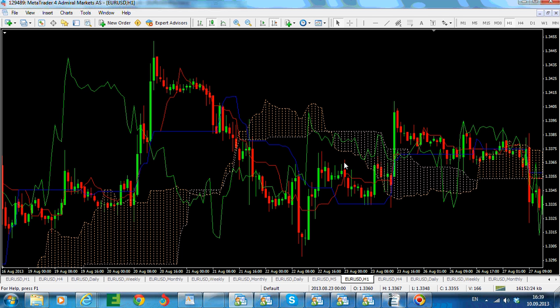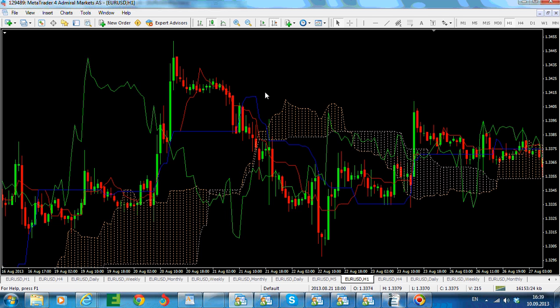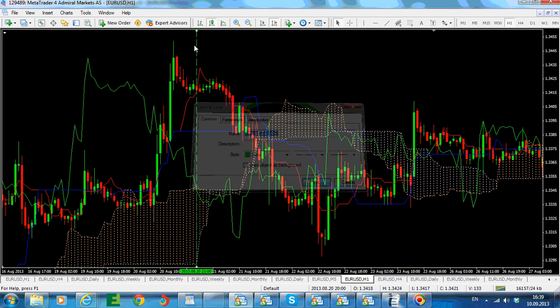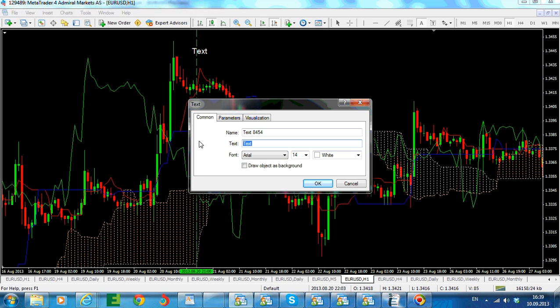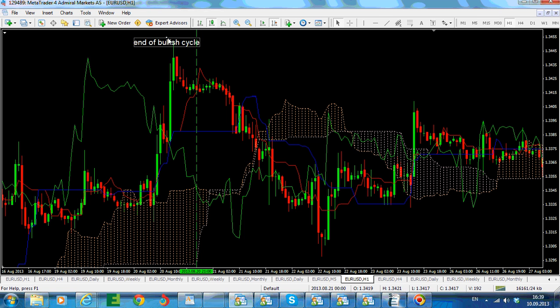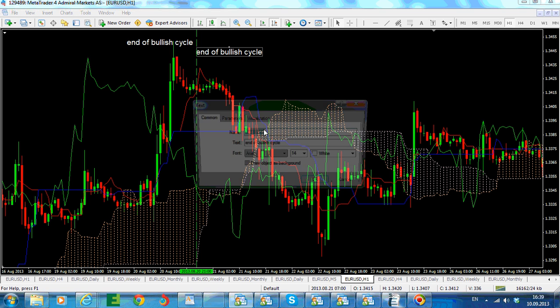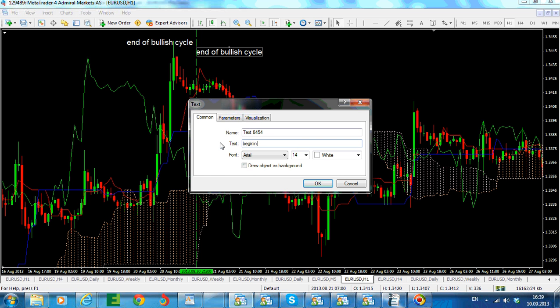We are still in the transitory cycle that begins all the way to the upside here, at this very moment when price closes below Tenkan. Let me mark this as the end of the bullish cycle. So end of bullish cycle right here, and on the right side from this very moment we are looking at the beginning of a transitory cycle.